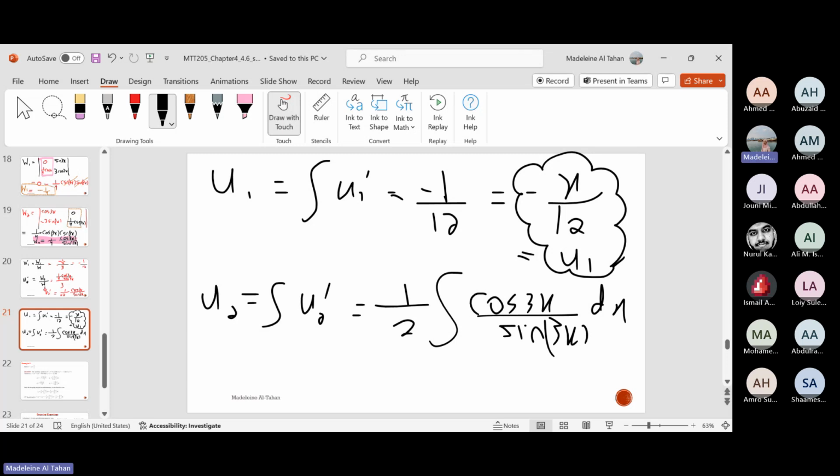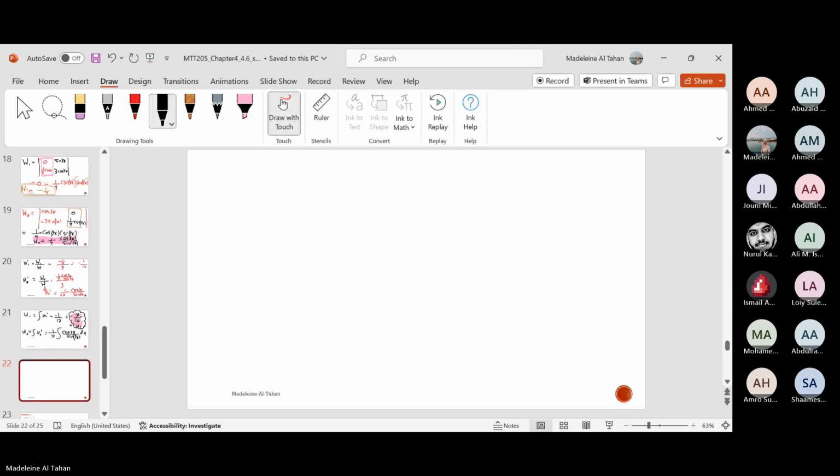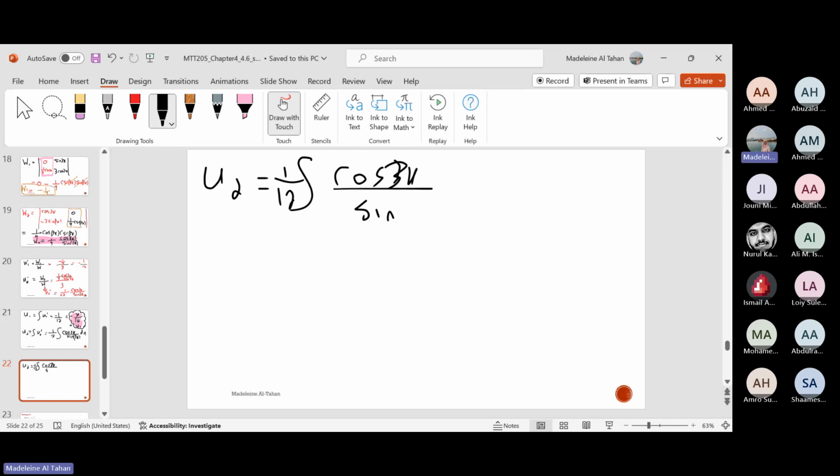Do we have any questions so far? Do we need to know how to integrate cosine 3x over sine 3x? Yes, we will integrate it. It's easy. We can integrate it the same way as tangent, using substitution. So u2 again is equal to 1/12 integral of cosine 3x over sine 3x dx.